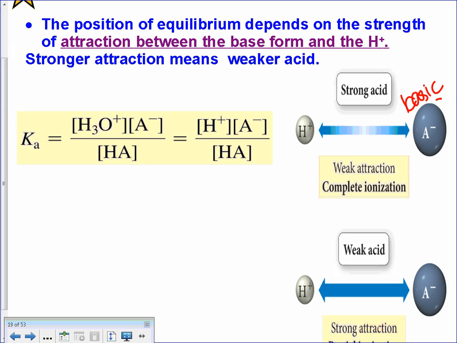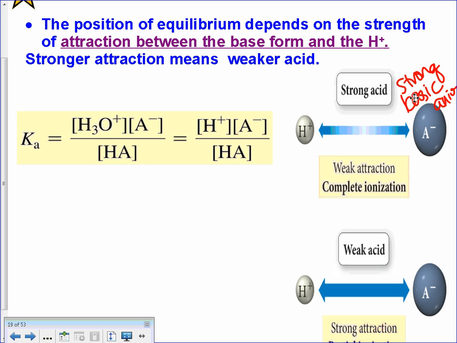If that anion is a really strong basic anion, meaning it can attract the hydronium or H plus better, it's going to keep this together and will not allow it to ionize, so it's not going to make H pluses, which means it's not going to be a strong acid. If you have a stronger attraction, it's going to be a weaker acid.